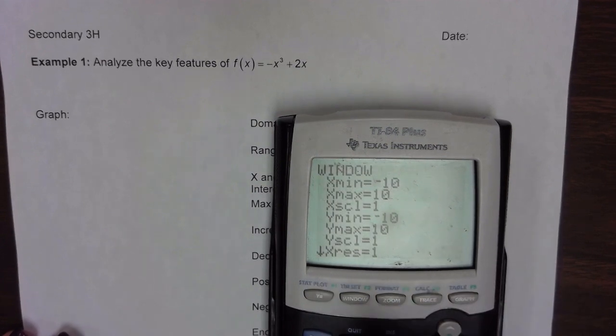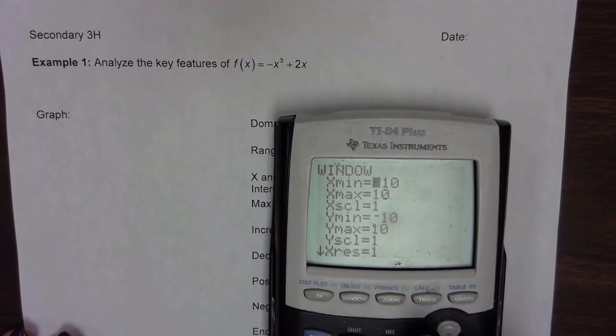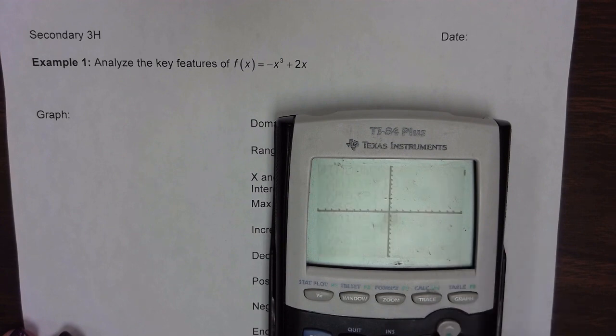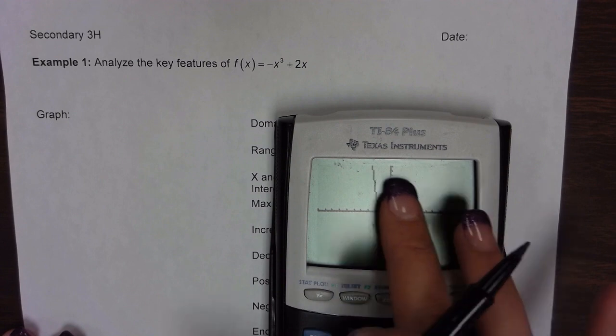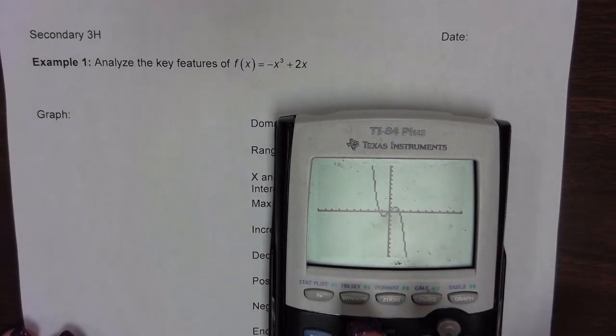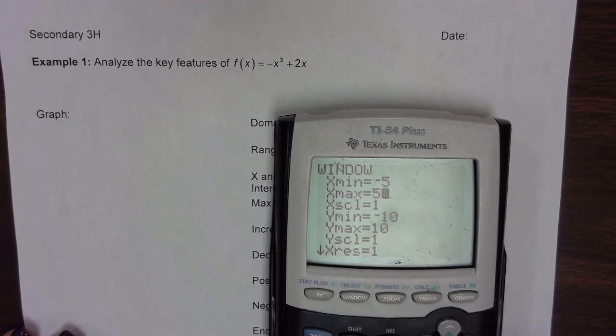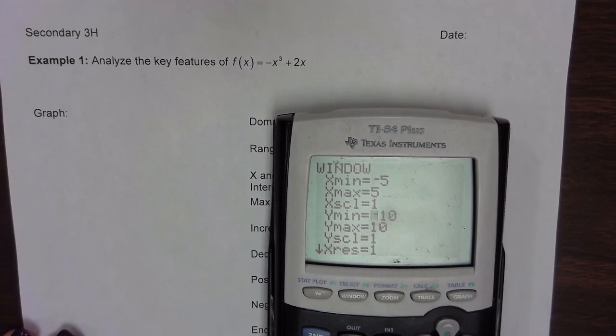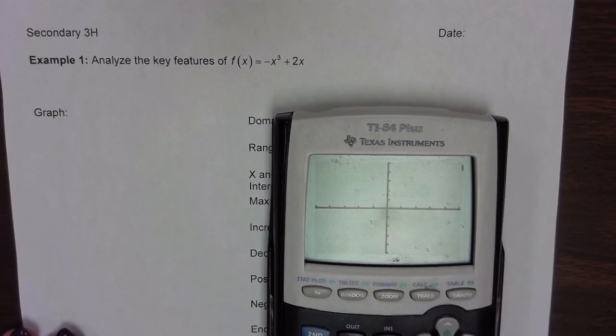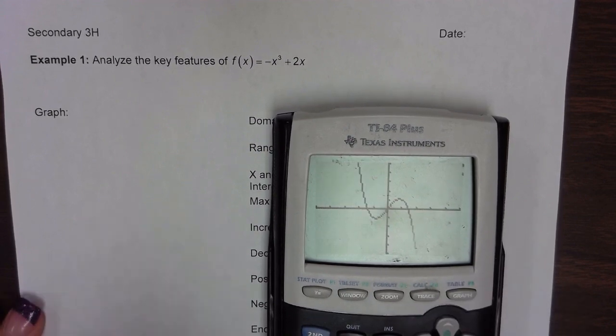As you can see for the window right now, I'm just doing it at negative 10 and 10 all the way through, just basic. And we'll see if I have to go in closer or not. I would go in closer, guys, because we want to really get into this area. So let's break it down to negative 5, 5. It looks a little bit better.